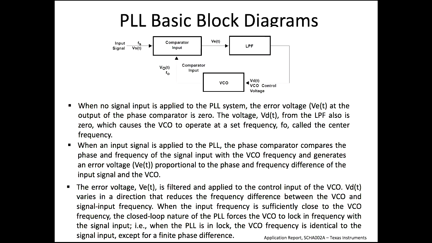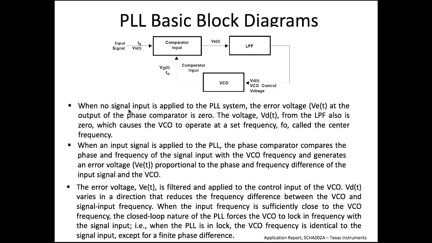So, the PLL basic block diagram. This is the input phase comparator, not a simple comparator, it is a phase comparator, then a low pass filter, then a voltage controlled oscillator, and this is for comparing. So the input is compared with respect to the output from the VCO.